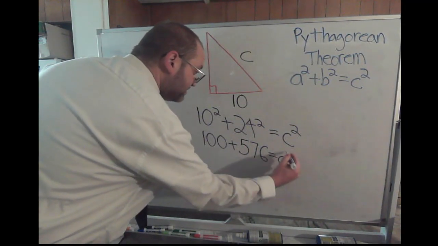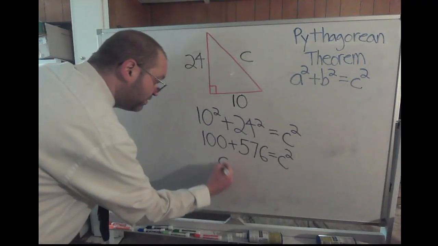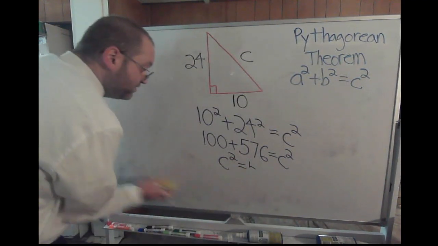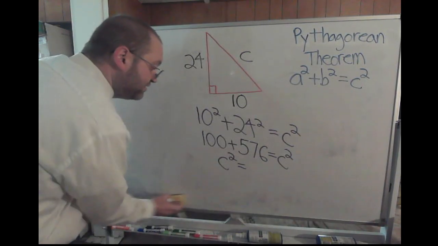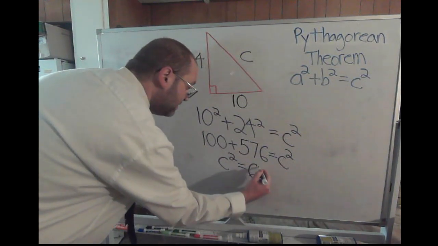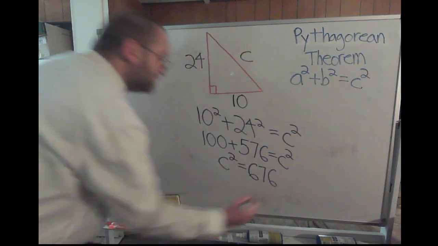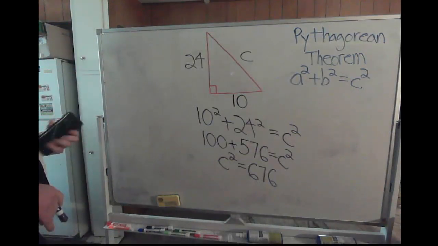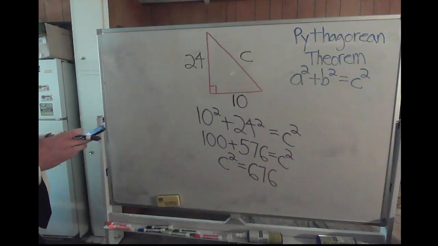That's going to be equal to c squared. So in other words, c squared equals actually 676, because when you add 576 and 100, you get 676. So now we just got to find the square root of 676.